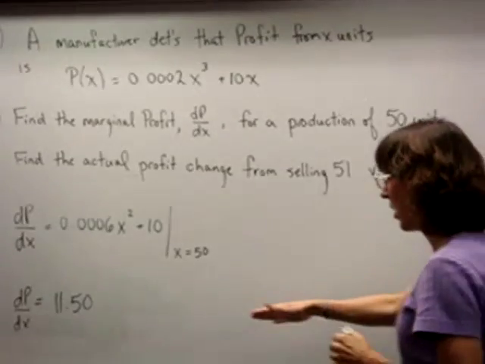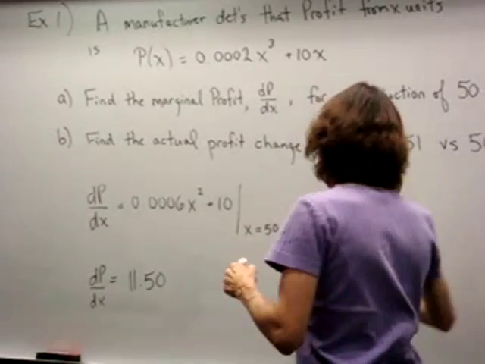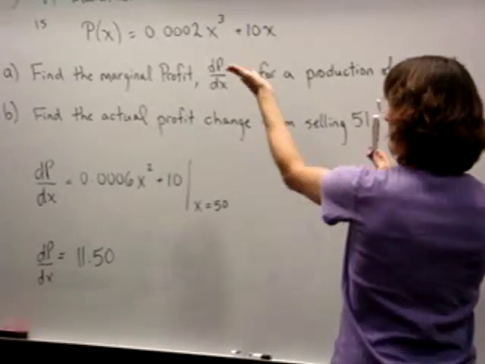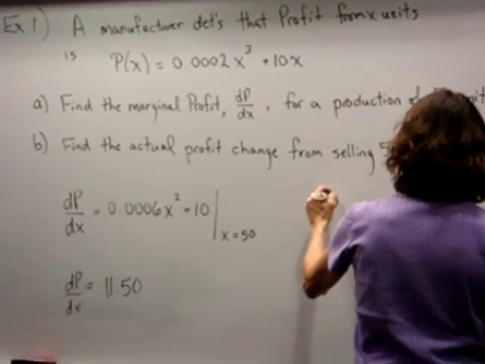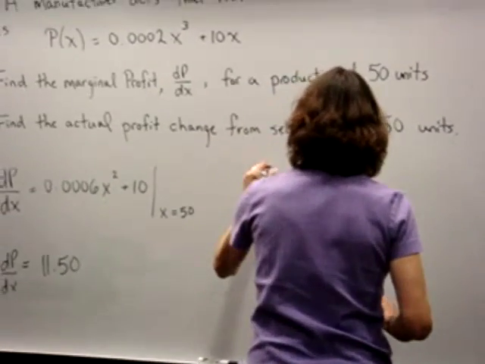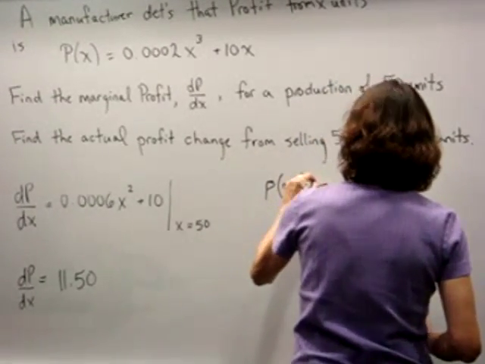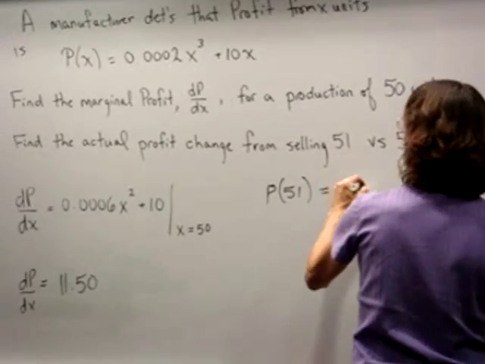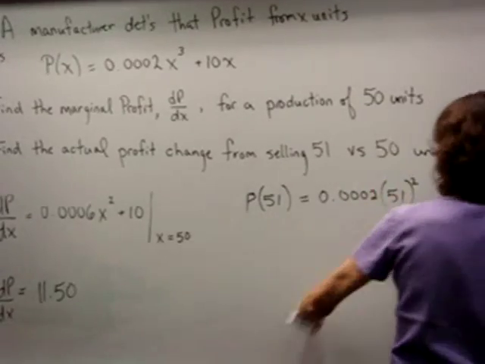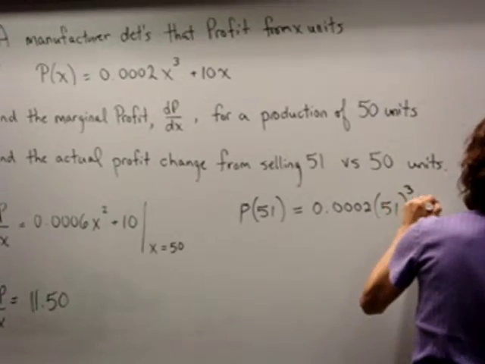So that's our marginal profit, which we got from the derivative. Now let's find out what the actual change in P was. Profit P of 51 is 0.0002 times 51 cubed plus 10 times 51.